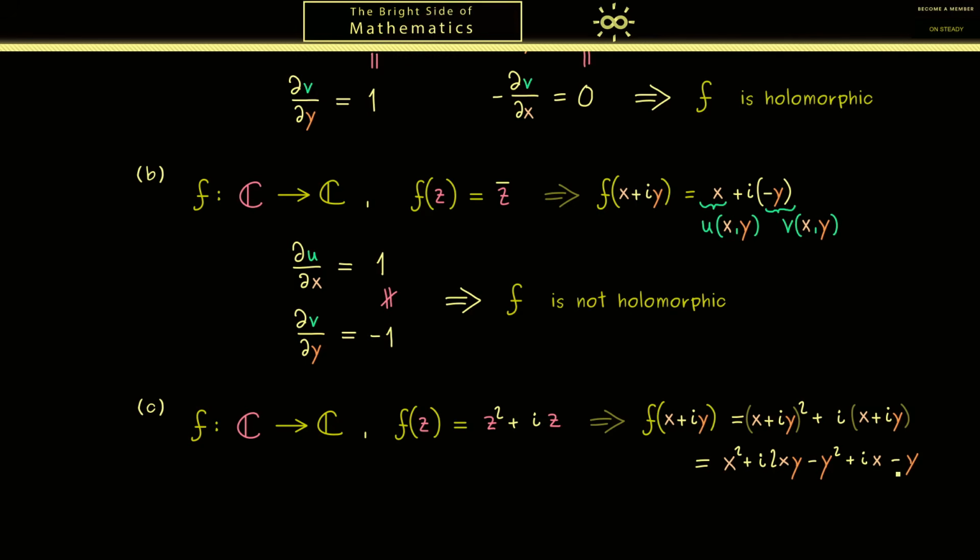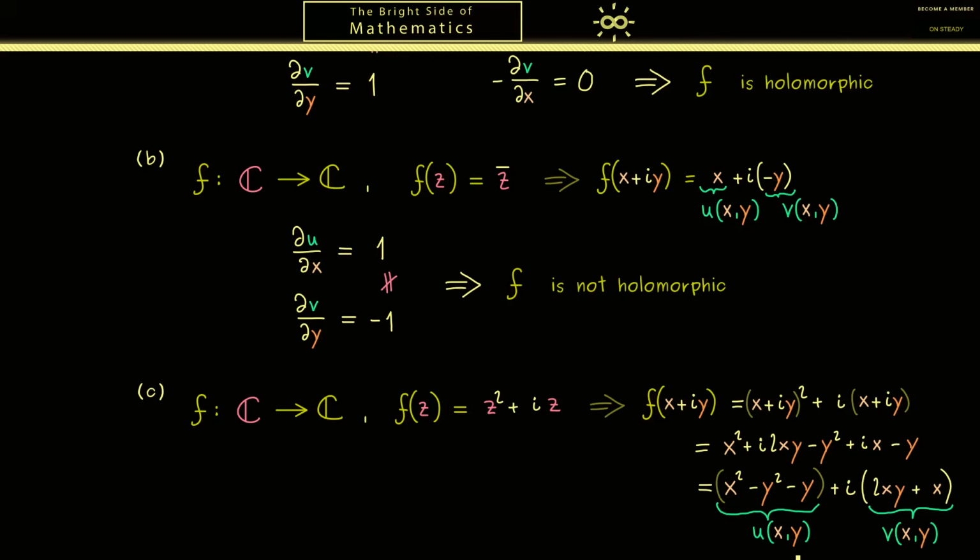Now let's put the real part to the left and the imaginary part to the right. So the real part is everything without an i, and for the imaginary part I factor out one i. And then we have the result we wanted. Because again, here we have our function u and there we have the function v.